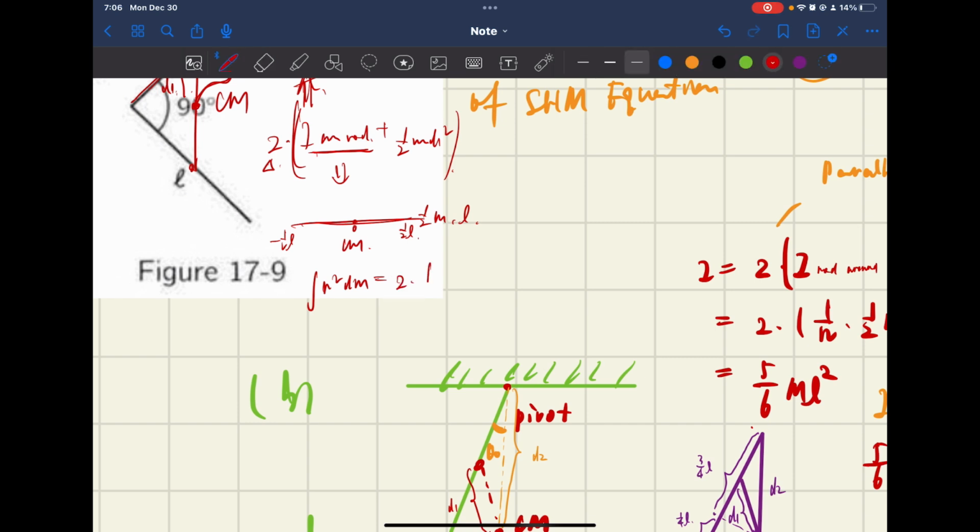So it's basically 2 times the integral from 0 to L/2 of r squared, where dm is equal to m over L times dr. We substitute this in.